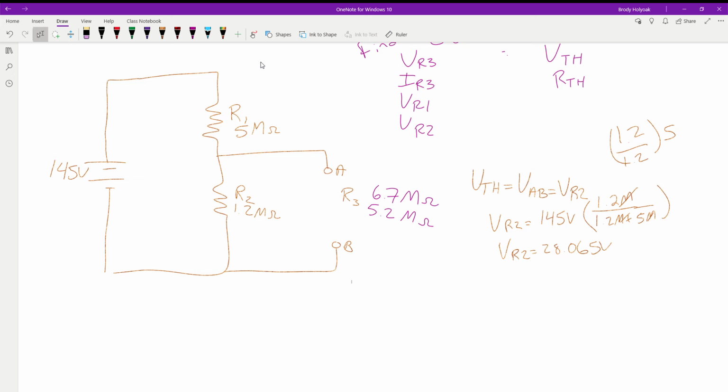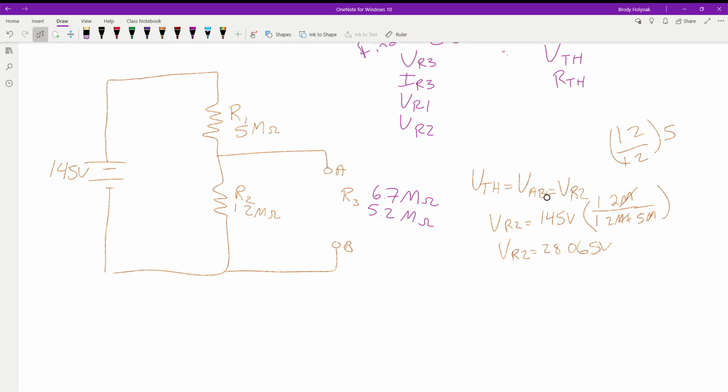So yesterday we were talking about some of these basic series parallel circuits, and we were Thevenizing them with the idea that we're going to use two different loads, a 6.7 meg and a 5.2 meg. We started off and found our V-Thevenin.